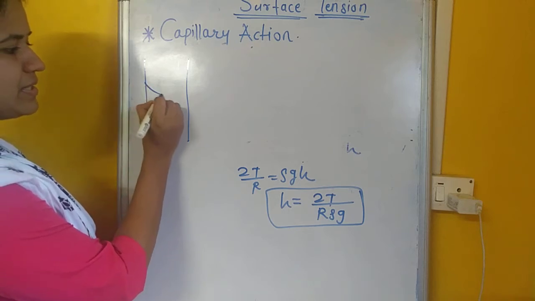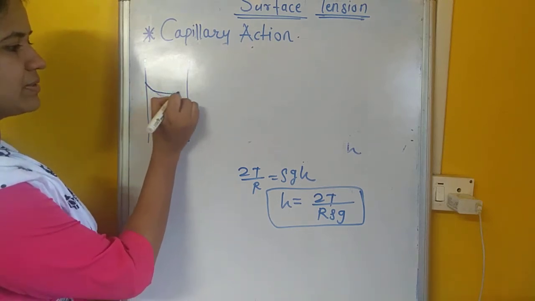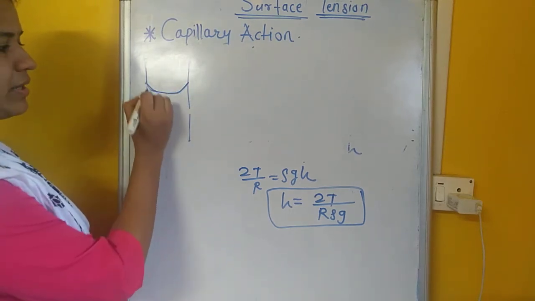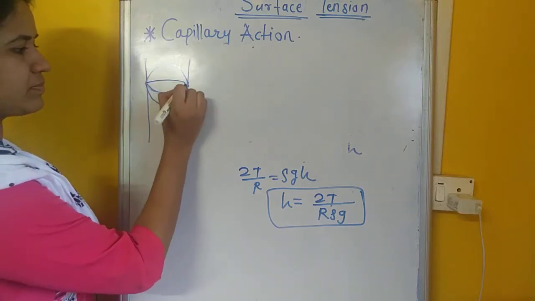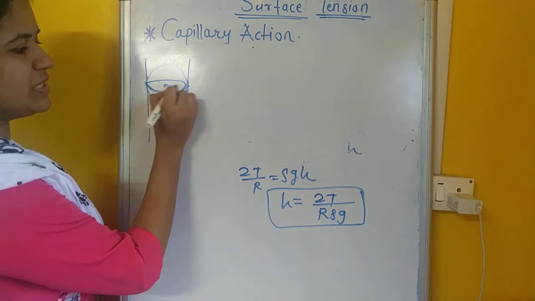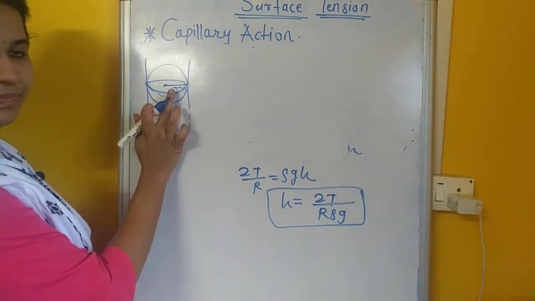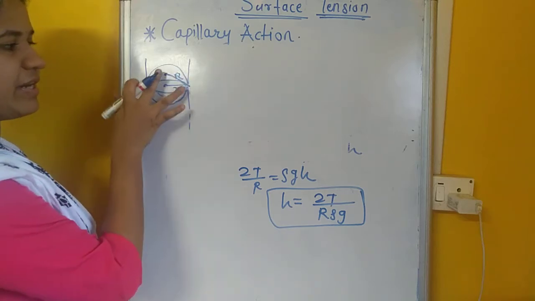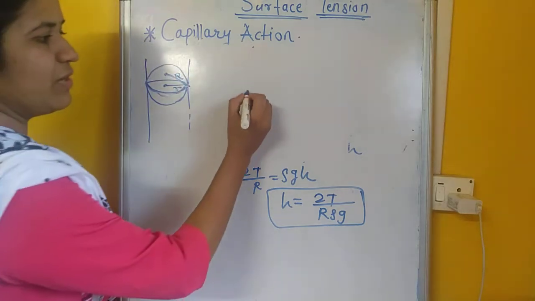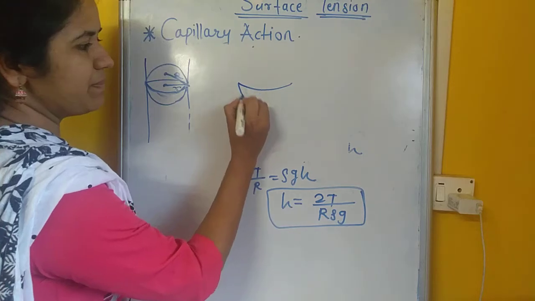Okay, this is the shape of the meniscus. So it's actually like this. So this is the radius of the tube. Okay, and what is capital R? Which is the radius of this meniscus.